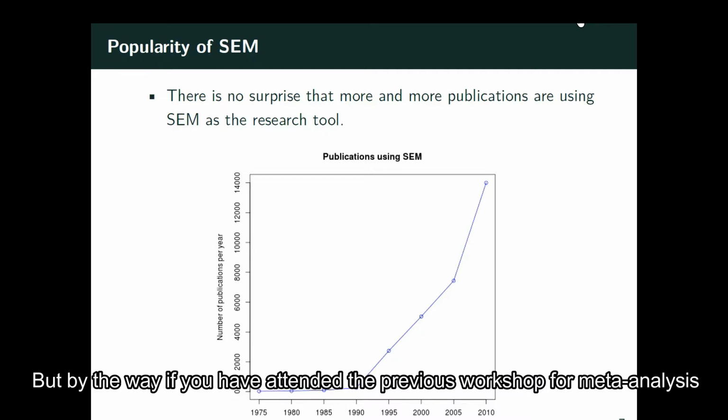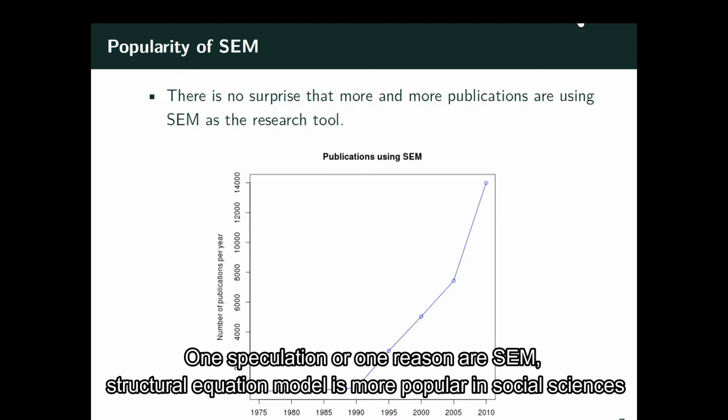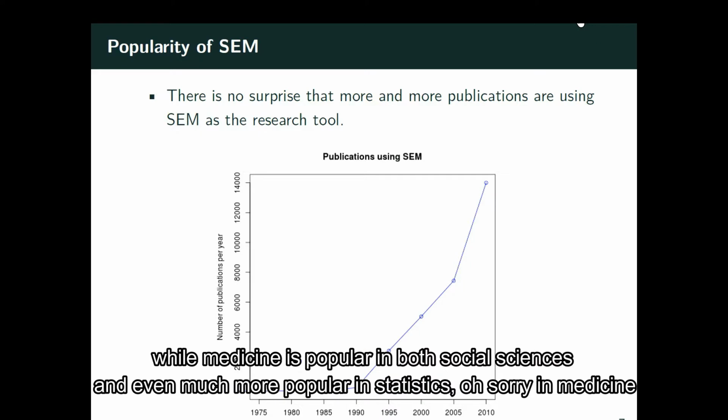By the way, if you attended the previous workshop on meta-analysis, for comparison, there are many more papers published with meta-analysis than with SEM. One speculation is that SEM is more popular in the social sciences, while meta-analysis is popular in both the social sciences and statistics, and even more popular in medicine.